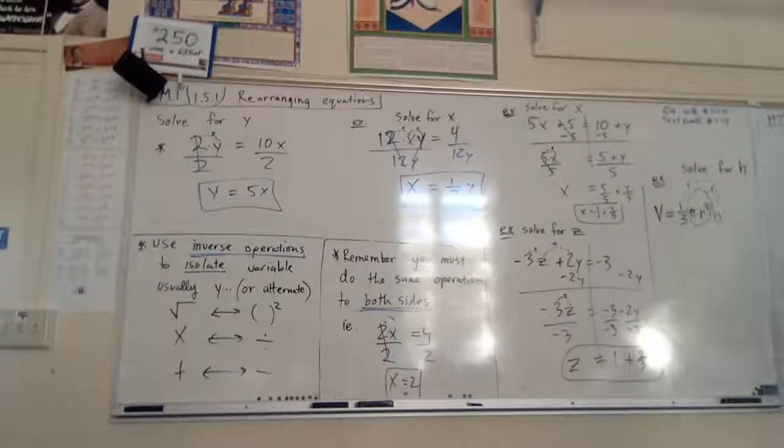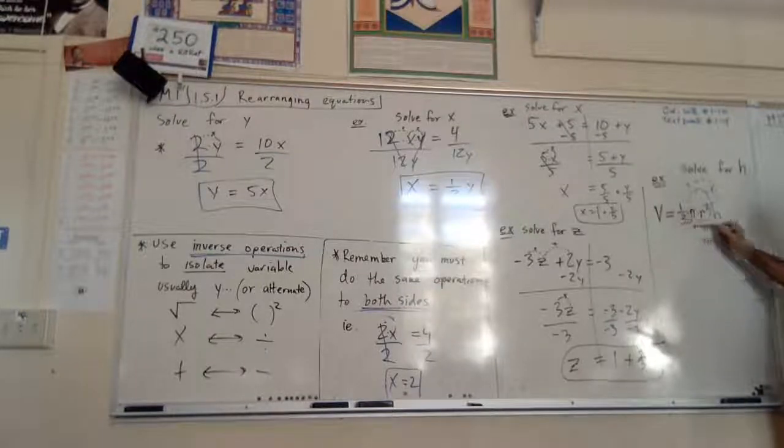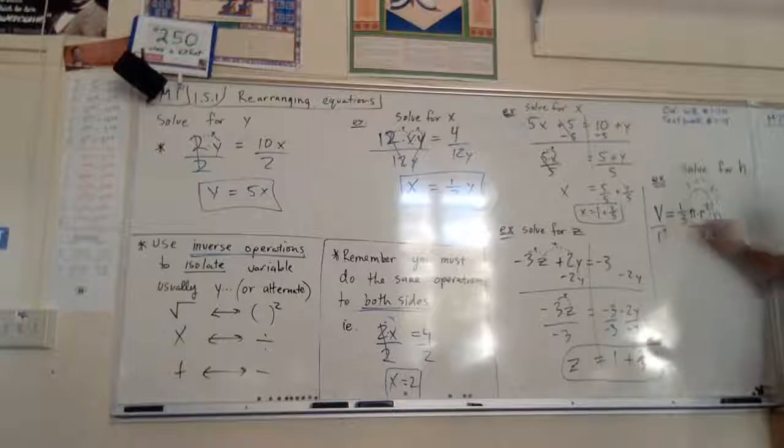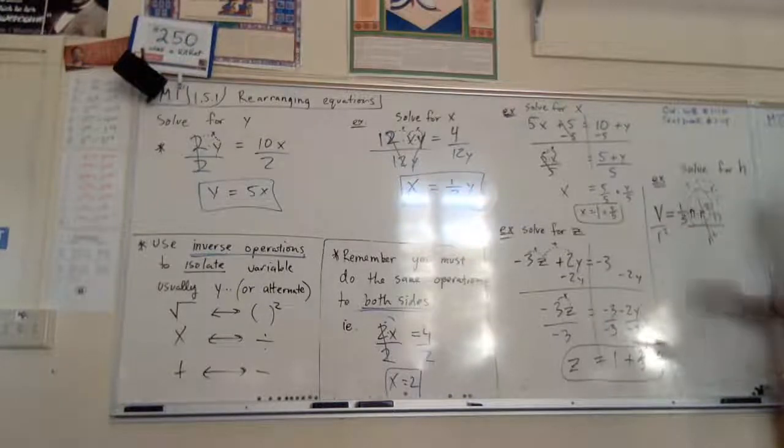Can we divide by r squared? We could do it one step at a time if you want. Let's do it. Divide by r squared against that. That cancels this out. So now we have b over r squared times pi times h.